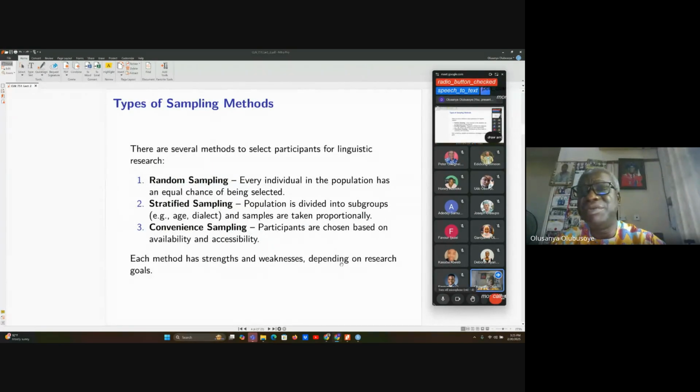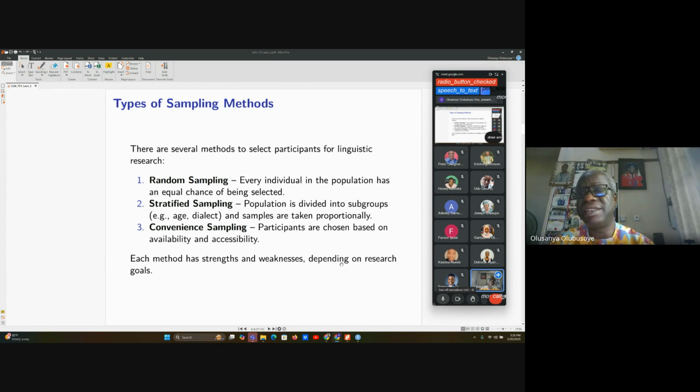But the good thing is that if you want our sample not to be biased, in statistics, there are techniques that have been tested and found to give every member of the population equal chance of being selected.